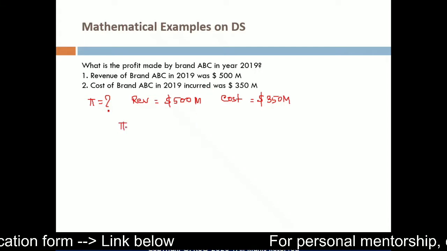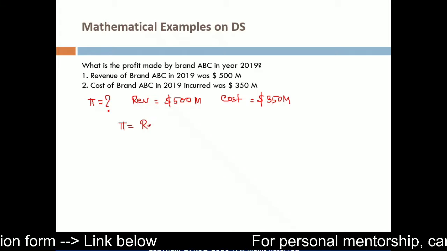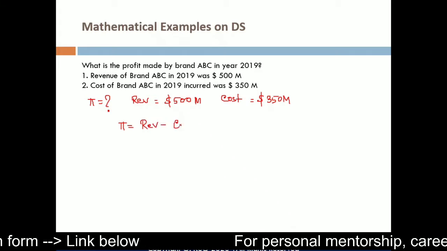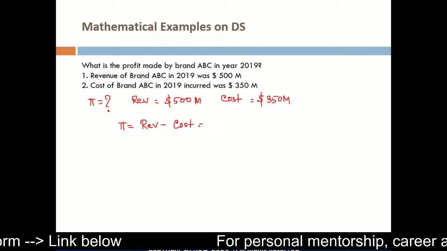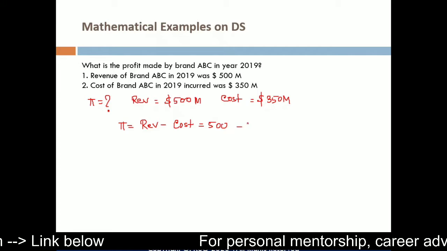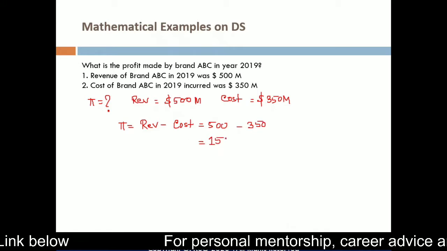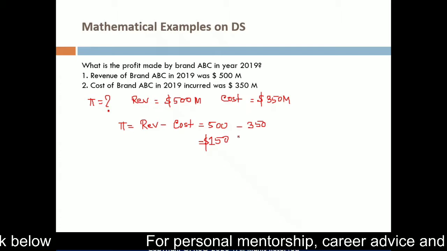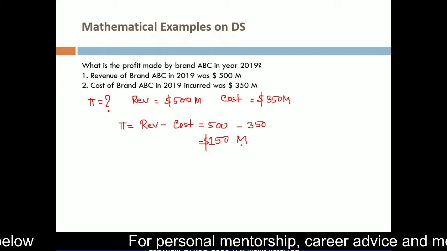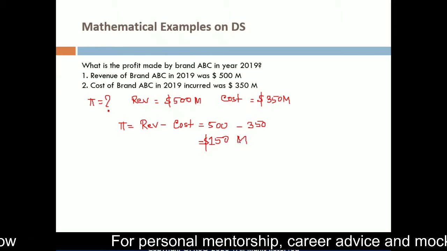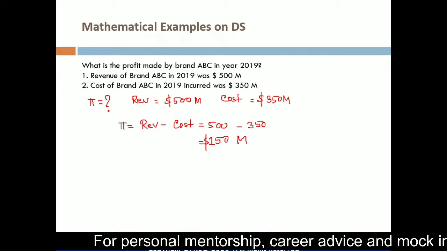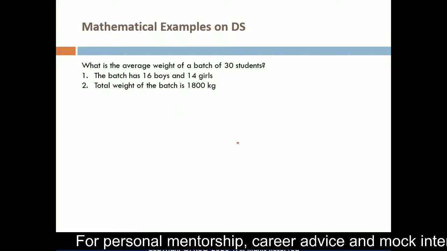Yes, of course, because profit by definition we know is nothing but revenue minus cost, and that gives us 500 minus 350, which is $150 million, and that is the profit. So we are able to calculate the profit of the brand ABC based on the information that we have in this particular problem.